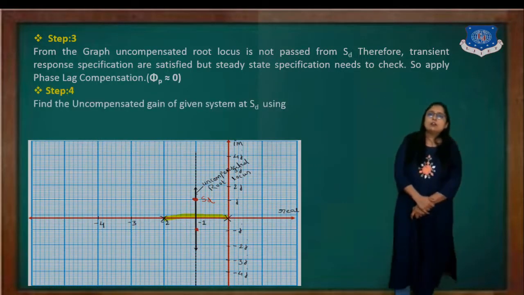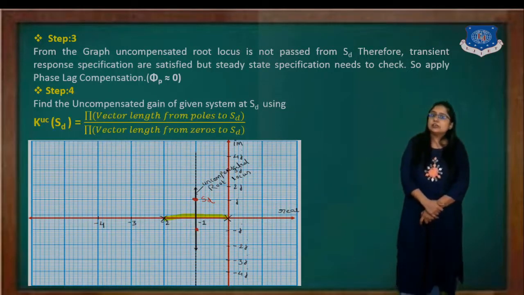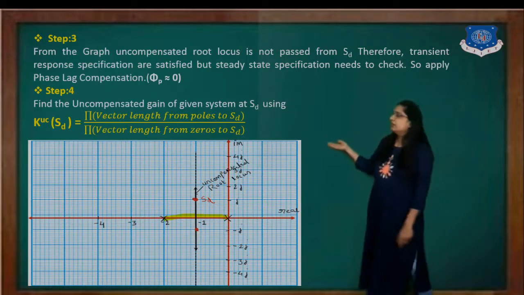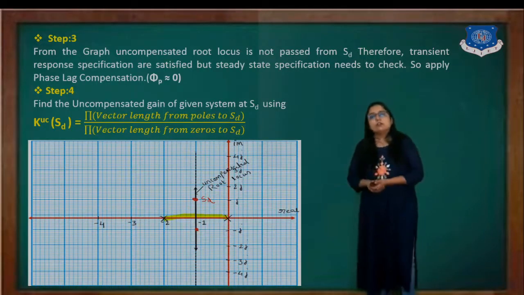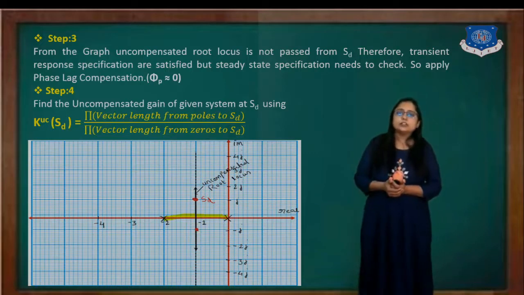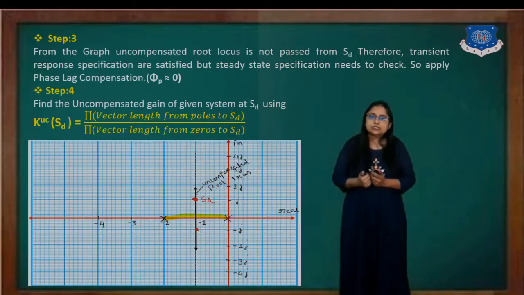Now here we have to find the uncompensated gain, and the equation is the product of vector lengths from SD to the poles divided by the product of vector lengths from the zeros to SD.